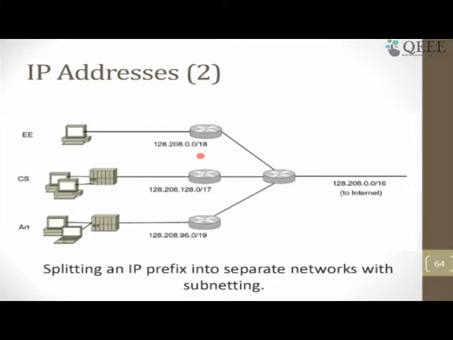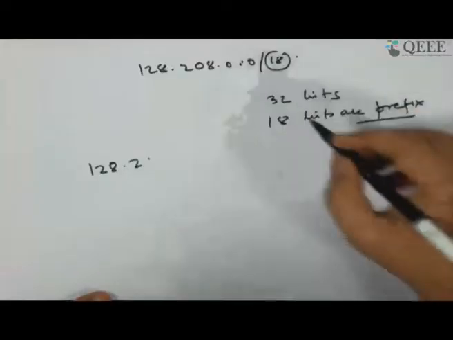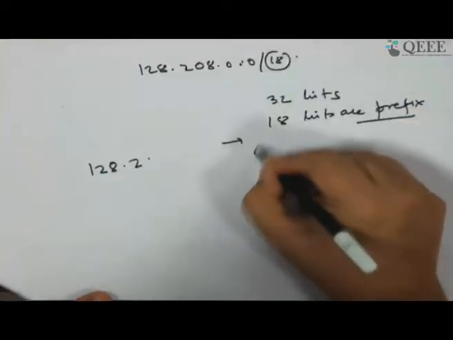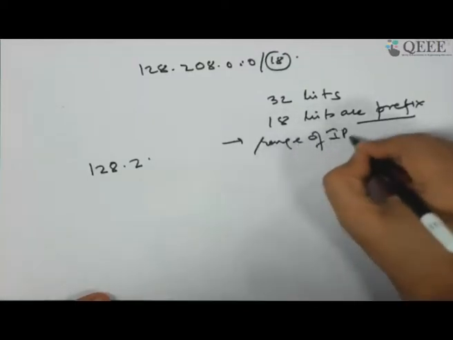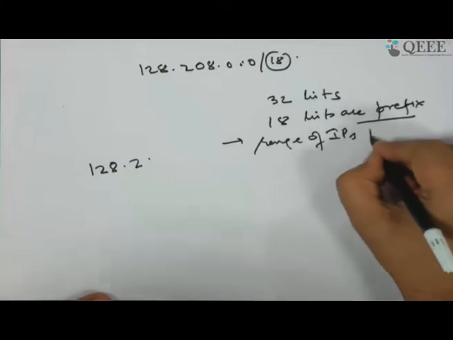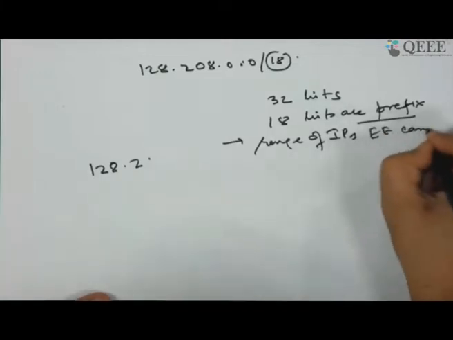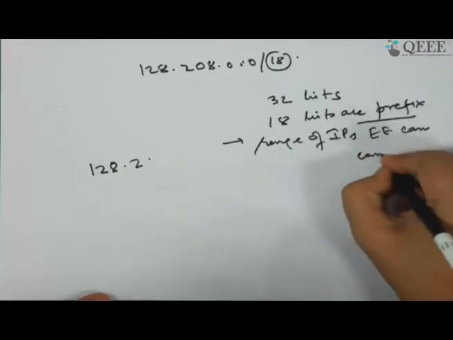So if this is there, what is the range of machines, the range of IPs, EE can accommodate? This is the question I can ask.